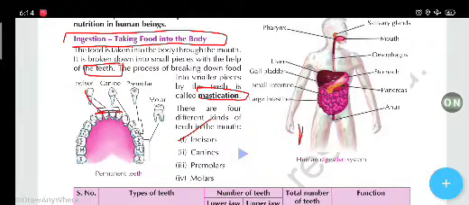And next the canines, these are the canine teeth. What is the function of canines? For tearing food. And what about the premolars? Premolars are for crushing food, and for grinding, the molar teeth are responsible.